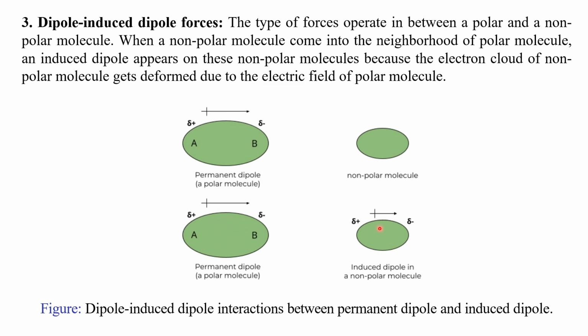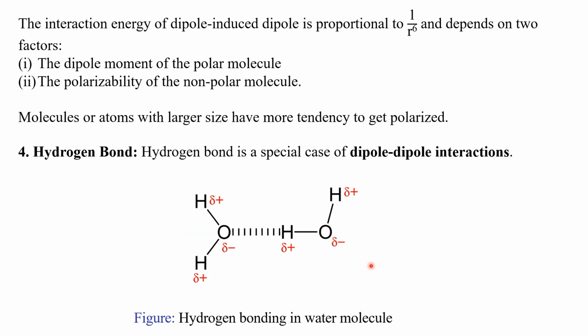Because of this, an induced dipole is created on this non-polar molecule. So this is your dipole-induced dipole force. The interaction energy of dipole-induced dipole is proportional to 1/r^6 and depends on two factors: the dipole moment of the polar molecule and the polarizability of the non-polar molecule. Molecules or atoms with larger size have more tendency to get polarized.